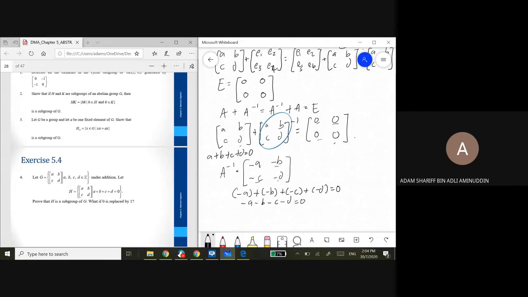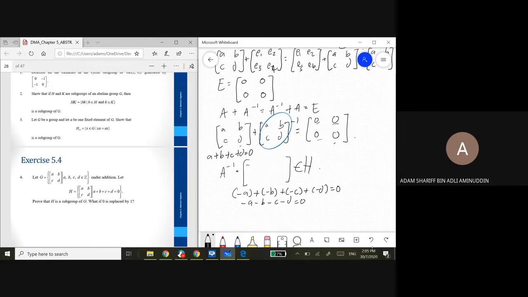Kan? Logic kan? If A plus B plus C plus D equals to 0, then negative A, negative B, negative C, negative D is also equals to 0, which indicates that the inverse exists in H. Apakah inverse dia? What is the inverse? The inverse is negative A, negative B, negative C and also negative D. Okay, saya tulis balik.